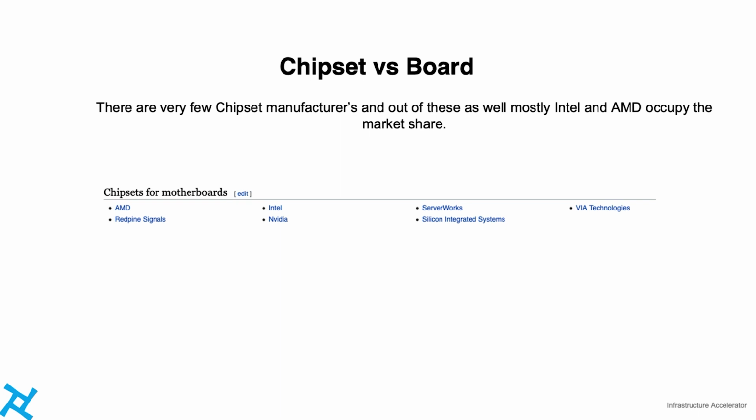But quite honestly speaking, you would see that most of the motherboards which are out there in the market are made upon Intel chipset, and then there are some which are made upon AMD chipset, and the rest of them. I think Intel should occupy around 50 to 60% of the market. AMD should have around another 30%, and all the rest together will constitute around 10% of the market. I don't have the figures or numbers for it, but what I'm trying to convey is that most of the motherboards are based on Intel chipset.